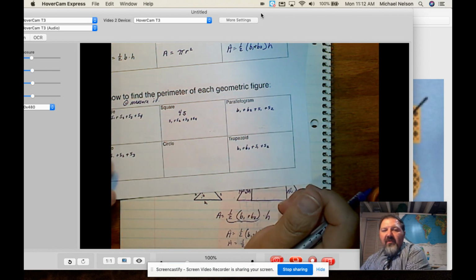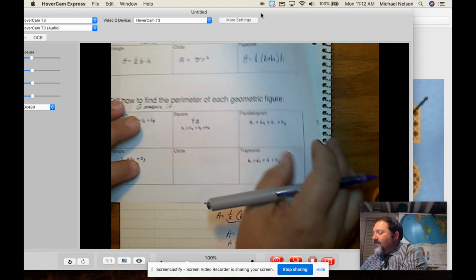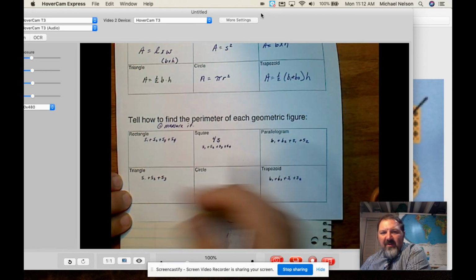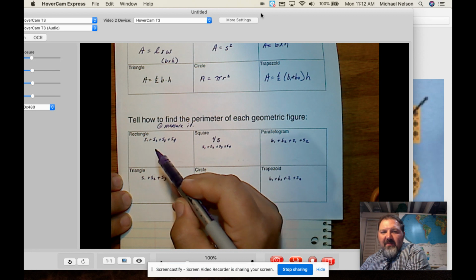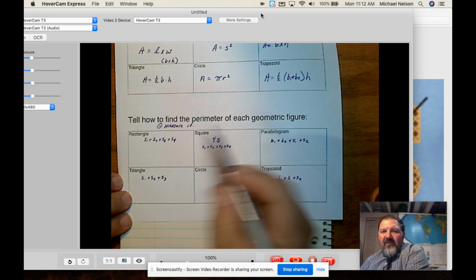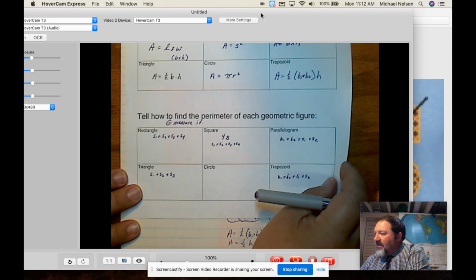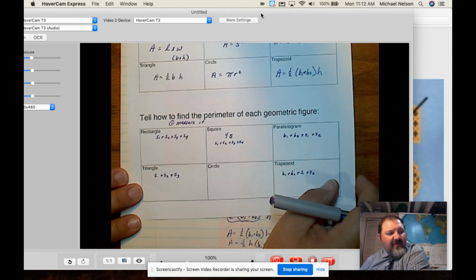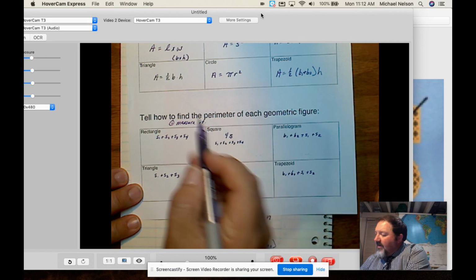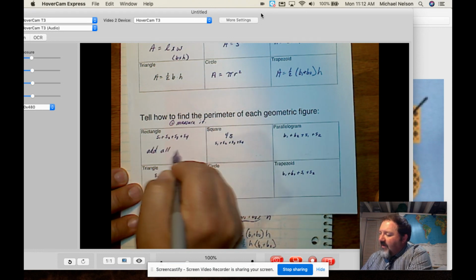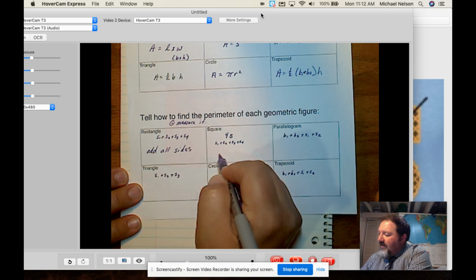Okay, I hope a few of you are talking out of the side of your mouth and you're saying, but he said we didn't have to worry about formulas. How am I going to remember all that stuff? Well, all this stuff, these formulas, aren't necessary at all. In fact, if you look on the back side, the options that I've given you for area and perimeter are to basically add all sides.